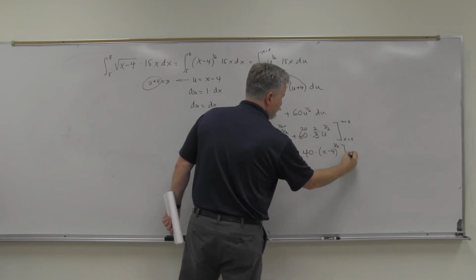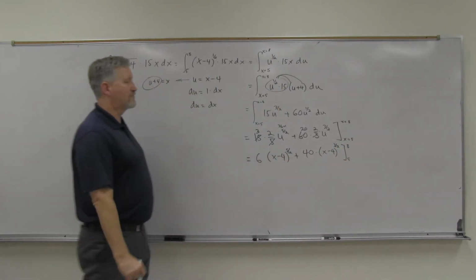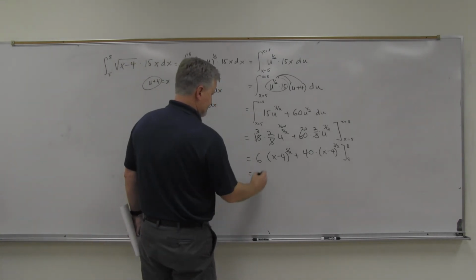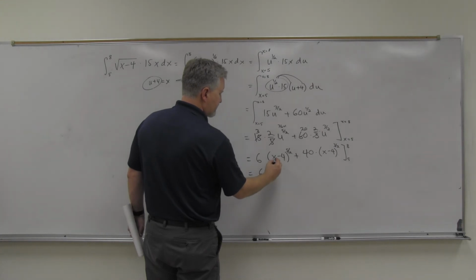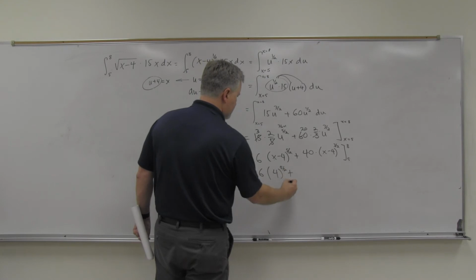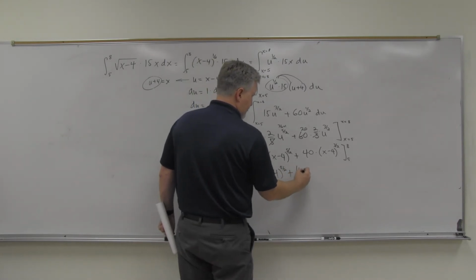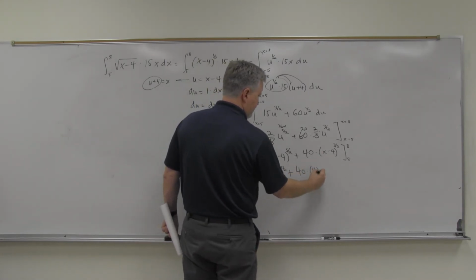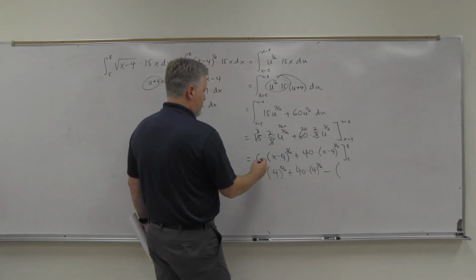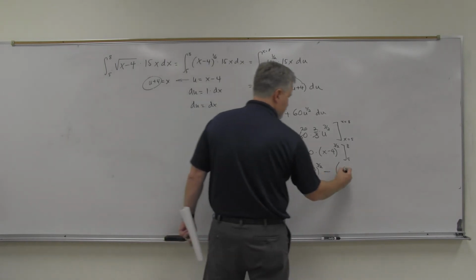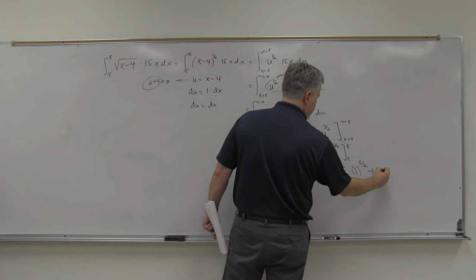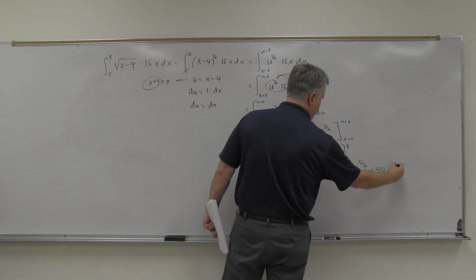And so finally, I can plug in those values because I got my x values. Let's see, that would be 8 minus 4, so that would be 4 to the 5/2, 6 times it, and this would be 40 times 4 to the 3/2. And then I'll plug in my 5. Well, 5 minus 4 is 1, so that'd be 1 to the 5/2 and 40 times 1 to the 3/2.